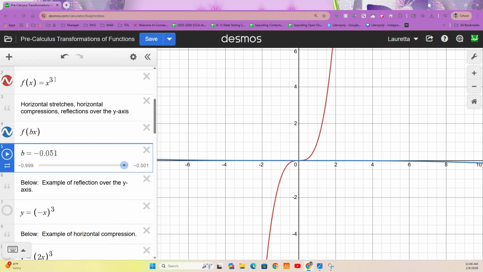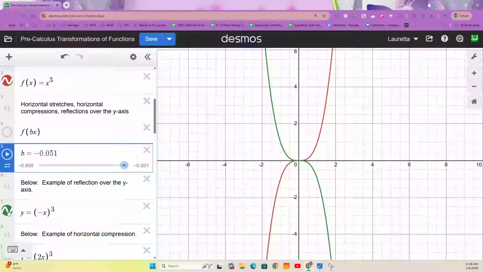So f of x equals x cubed. Whatever you put in these parentheses in your function notation, you're going to replace x with that in parentheses. So we have negative x in parentheses cubed.